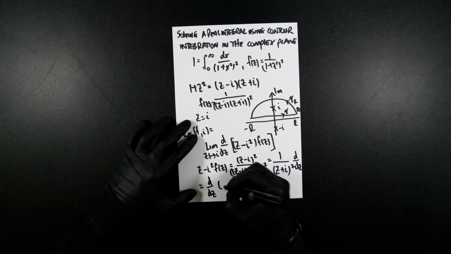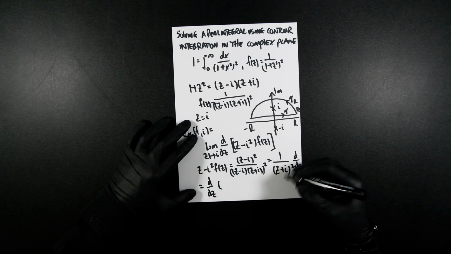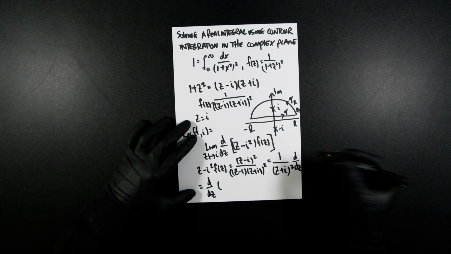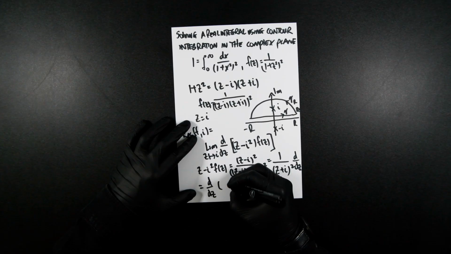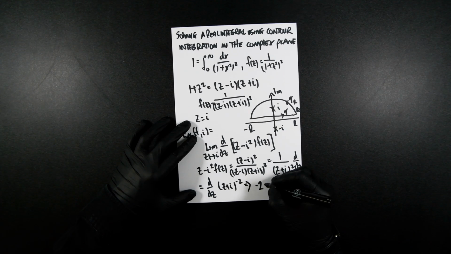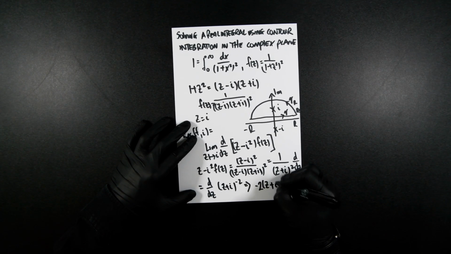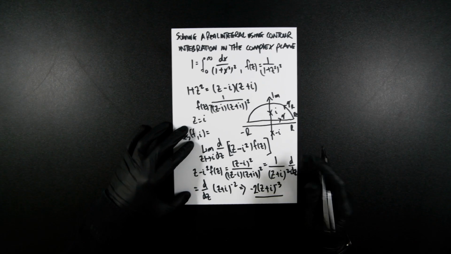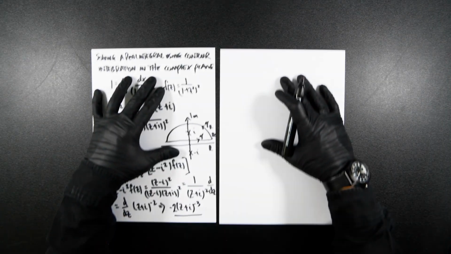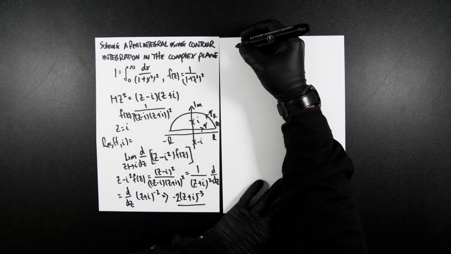Pretty simple, this is just going to be a chain rule. If you let t equal all of this, it's going to be t to the minus 2. Substitute out, so it's going to be minus 2 (z plus i) to the minus 3. Okay, we're almost there. Let's now evaluate at z equals i.